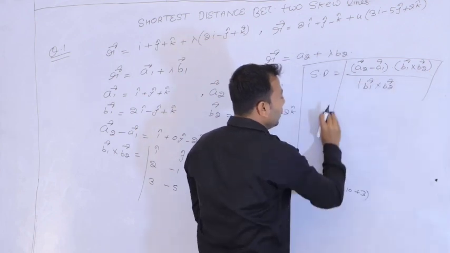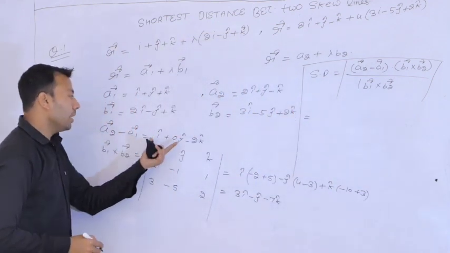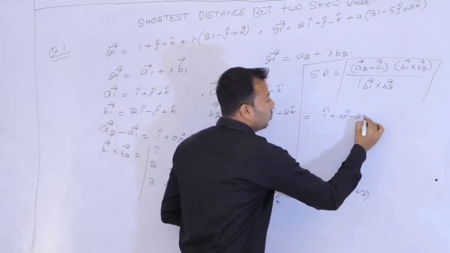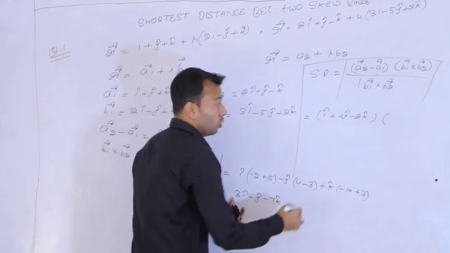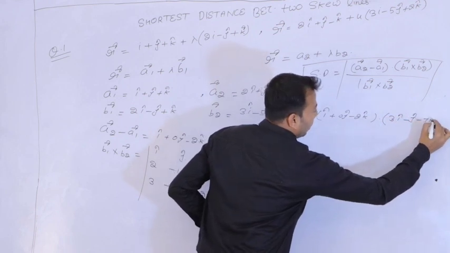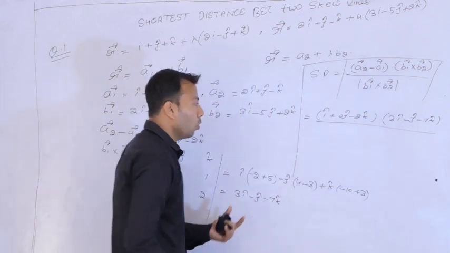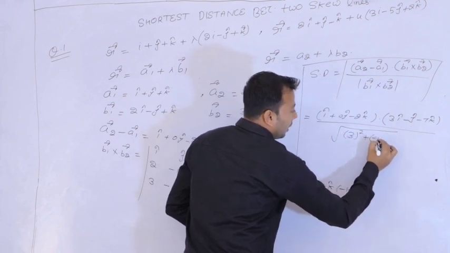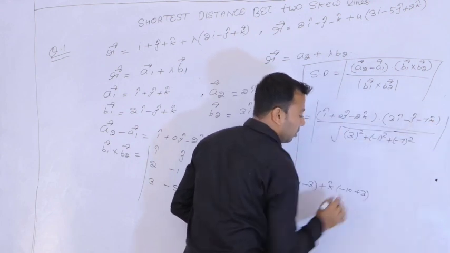So put these values in that equation. a2 minus a1 is i plus 0j minus 2k, dot product with b1 cross b2, that is 3i minus j minus 7k, and the magnitude of b1 cross b2 is the square root of 3 squared plus minus 1 squared plus minus 7 squared.